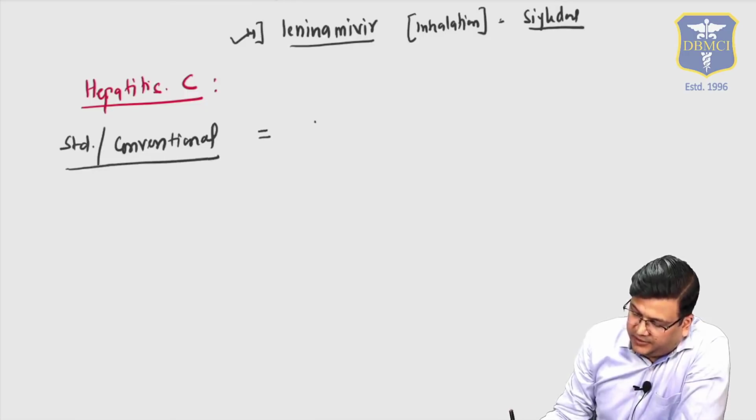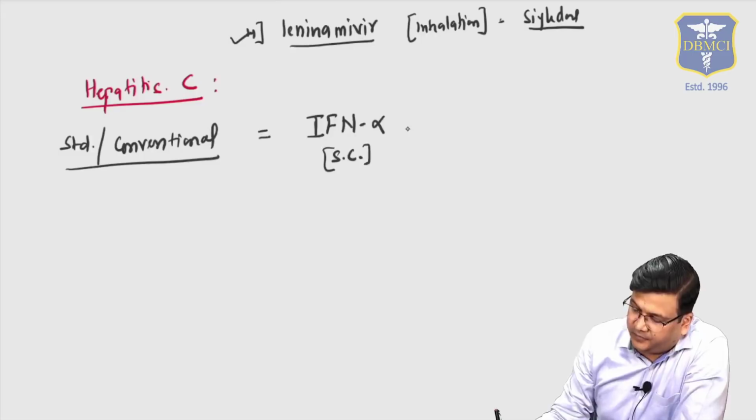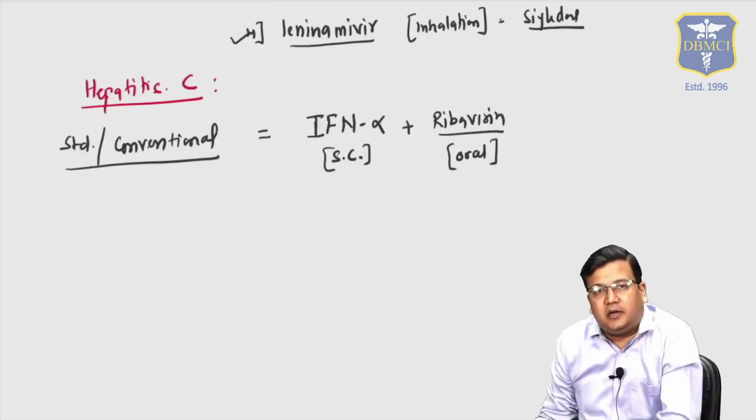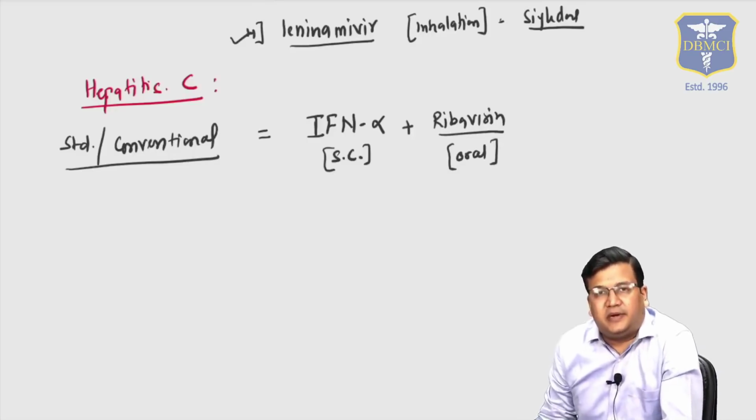That has been a combination of interferon alpha, which is given by subcutaneous injection, plus ribavirin, which is an oral drug. This has been the standard treatment for many decades for hepatitis C.